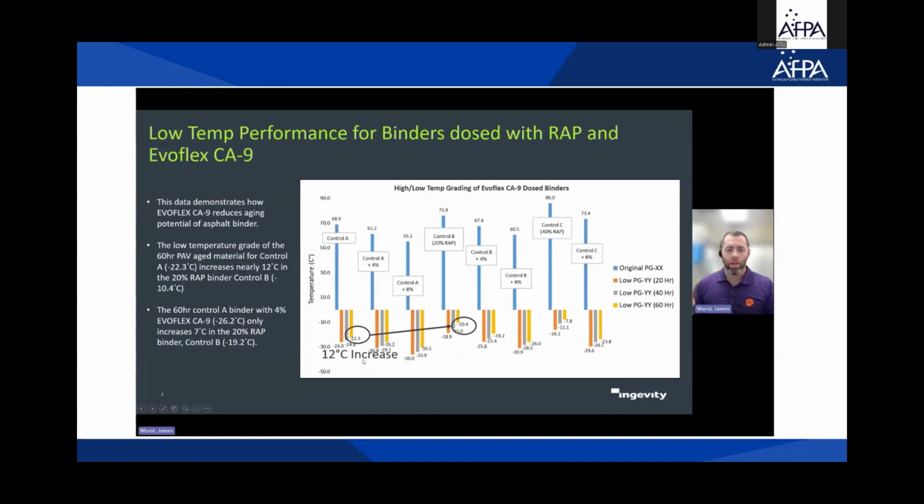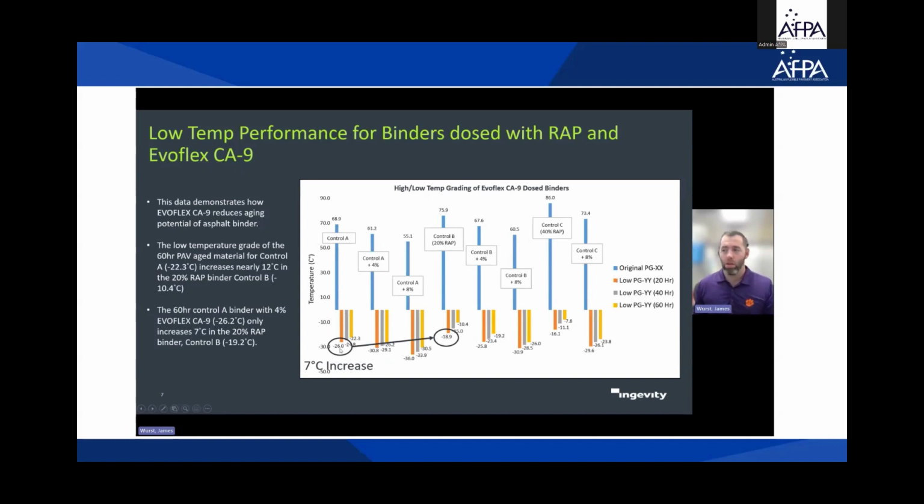One thing to talk about here is how these additives perform with actual RAP binder in the systems. It's one thing we look at. In this example, binder A and binder B are actually the same, and binder C is just the amount of recovered RAP asphalt that's been added to these binders. So B has 20% and C has 40%.